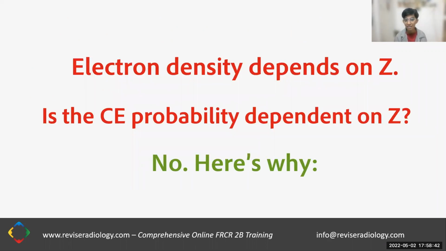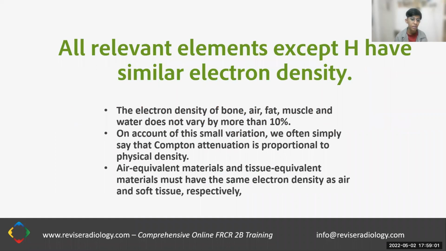So here's a slightly finer detail. The electron density depends on the atomic number. So does the probability of the Compton effect depend on the atomic number? And the answer to this comes from a little bit of clinical information that we need to know, which is that most of the tissues in the body have a very similar electron density.